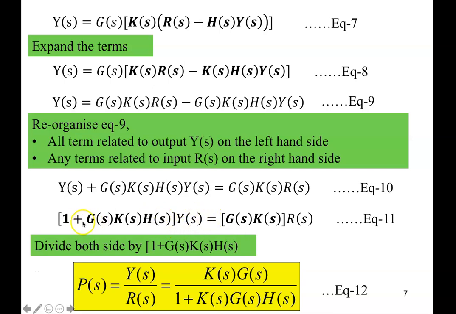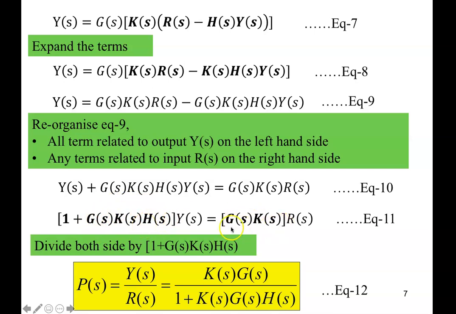Once you get there, all you need to do now is divide what's in the bracket on the left-hand side to both sides. If I divide this on the left-hand side, this cancels this out. So on the left-hand side, I end up with Ys.